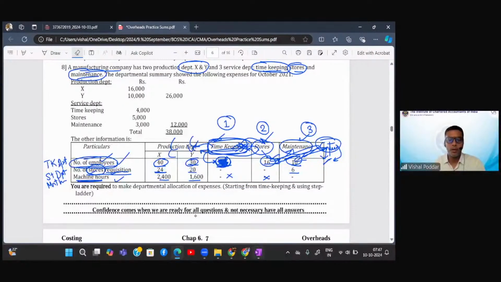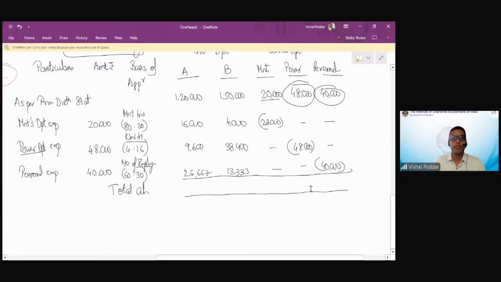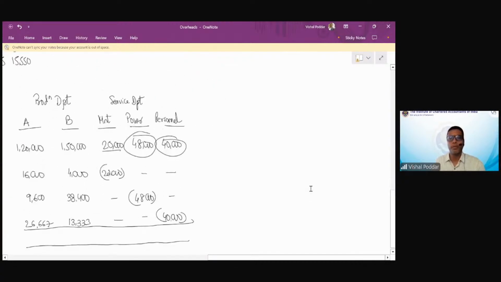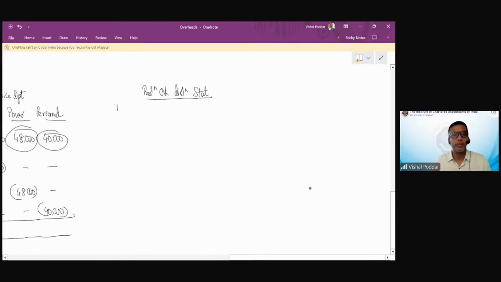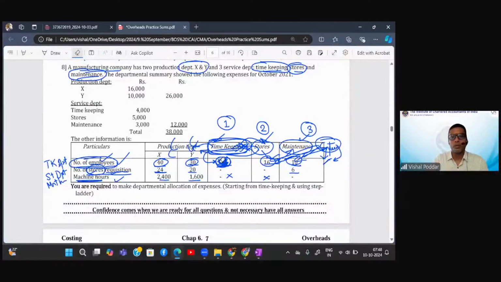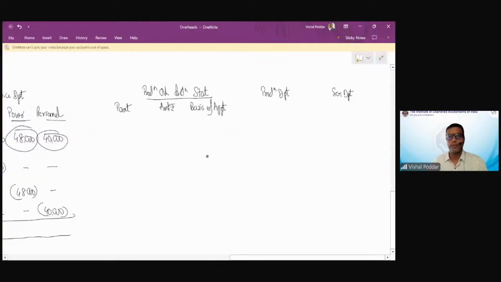So, with this background, let us go to solve this sum also. So, same production overheads distribution statement, summary, whatever you want to call it. Same columns. First, you have the particulars, then you have the amount, then you have the basis, then you have your departments, production X, Y and service: timekeeping, stores, maintenance.